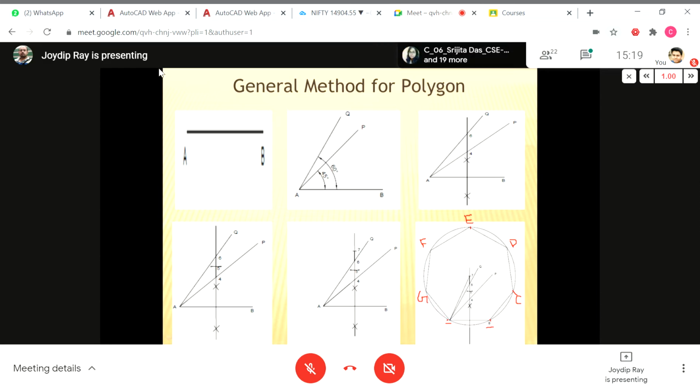Now join all these points: A to B, B to C, C to D, D to E, E to F, F to G, and G to A. You will get how many sides? 1, 2, 3, 4, 5, 6, 7.